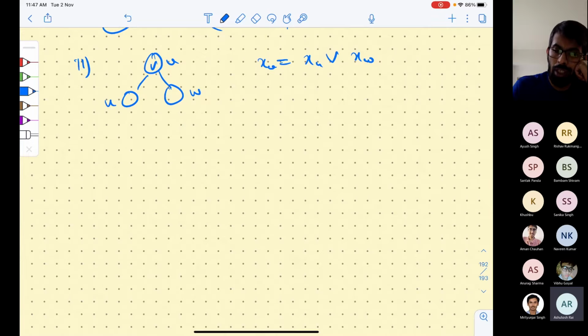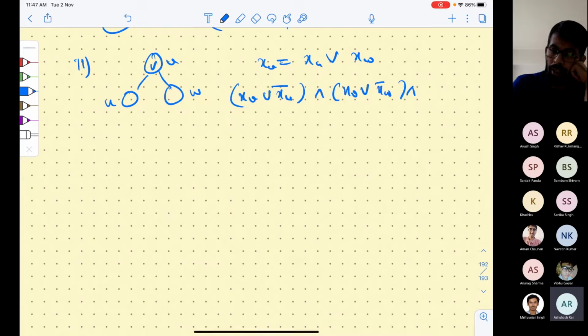And this can be done using three clauses: xv or xu bar, and xv or xw bar, and xv bar or xu or xw. So what does this say?